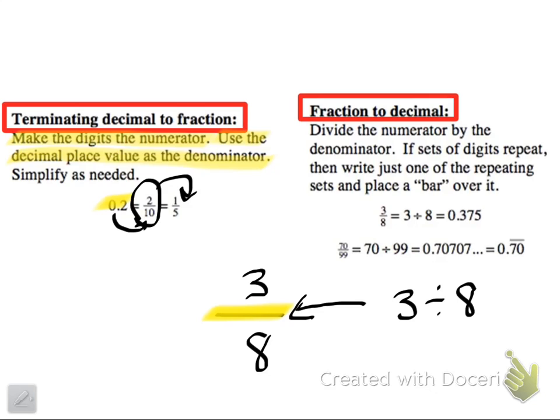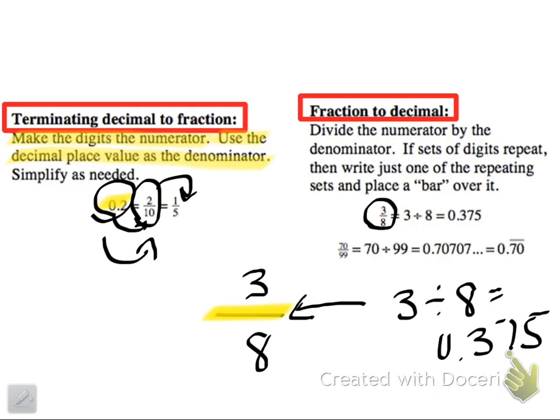If we do that problem, we end up with 0.375. So you'll notice that being able to use the correct mathematical vocabulary is important, because if you recognize, for example, that this is read as 2/10, you can easily transfer that to a fraction. If you read this as 3 divided by 8, and you know the mathematical symbol for division, you can easily transfer this to 3 divided by 8 to get your answer.